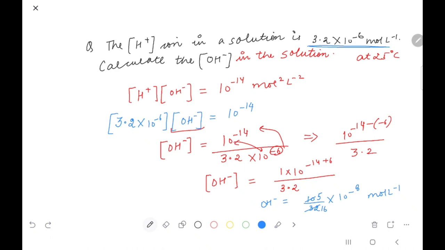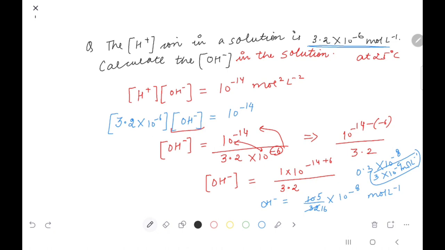So effectively this is going to become 0.3 into 10 raised to the power minus 8. So 3 into 10 raised to the power minus 9 moles per liter shall be the concentration of the OH negative ions in this particular solution. Are you understanding? Right?